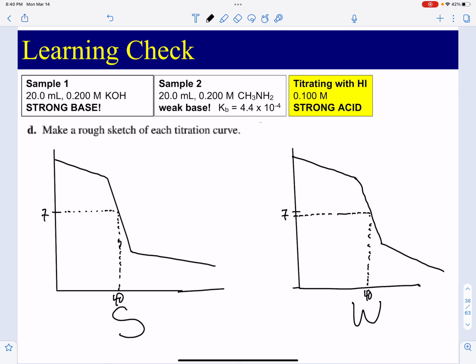And that's more or less what we can get. We know that the equivalence point is at 40 milliliters. We determined that on question A. We know that the weak one is going to be acidic at the equivalence point, so we did that. We know that the equivalence point is more or less half the point during the jump.